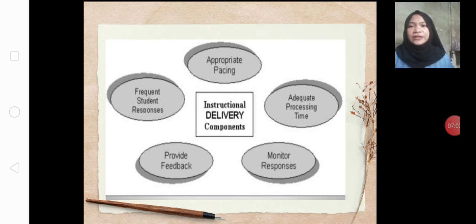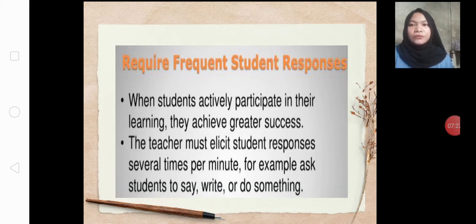Okay, so we have here the instructional delivery components. There are 5. This is the way you are going to transfer the knowledge, or how you will deliver the instructions that you have. So we will tackle those 5. The first one is to require frequent student responses. When a student is actively participating in their learning, they achieve greater success.